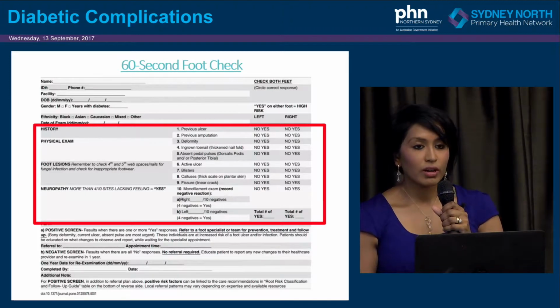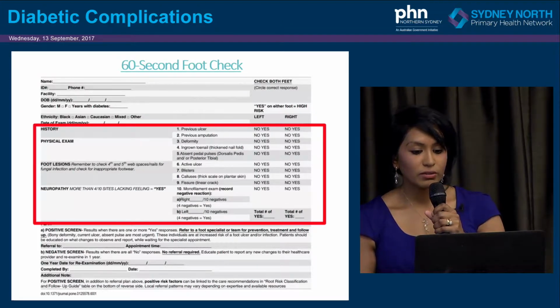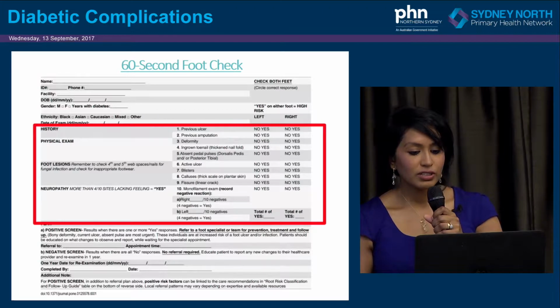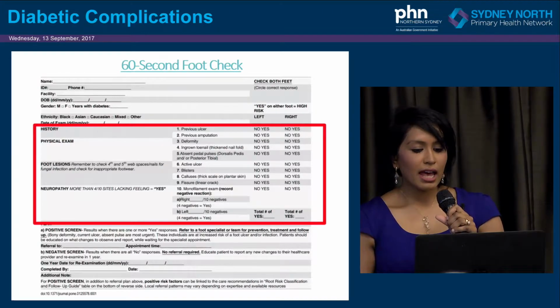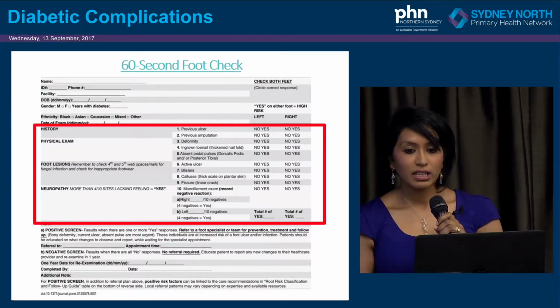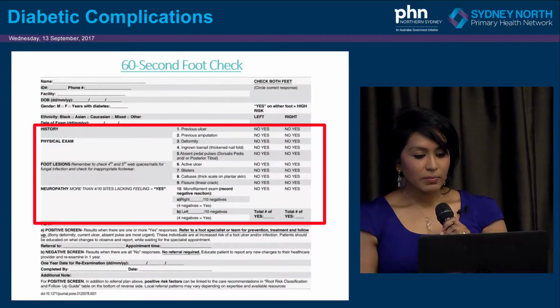Also looking for things like an ingrown toenail, and if there is an active ulcer, and checking particularly between the fourth and fifth web spaces, and checking between the toes for any changes. Looking for blisters, calluses over the plantar surface of the feet, and any fissures, particularly on the heels. So if any of those are a yes, then that would be a positive screen.